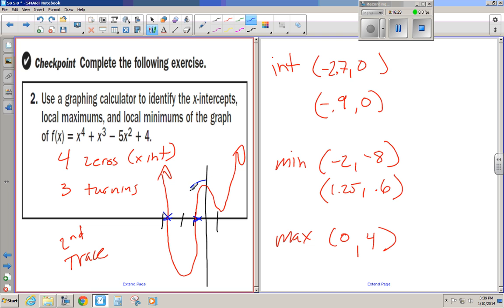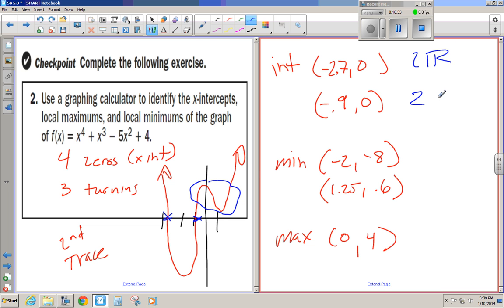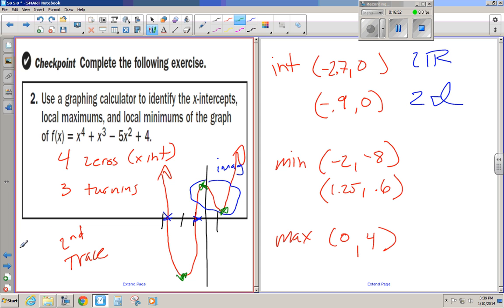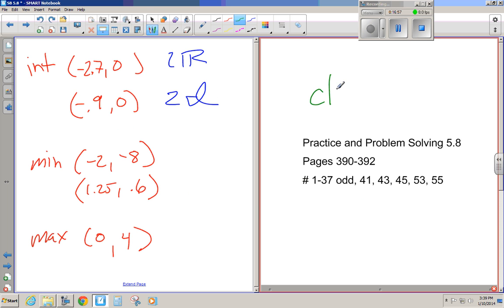But that means also that there are 2 imaginary ones. The min and the max: here are the minimums, and there's a maximum. And that's pretty much all you've got to do. It's a lot of estimation for this. So we're going to work on this in class. All right? Try the guided practices that you can use your calculator for.